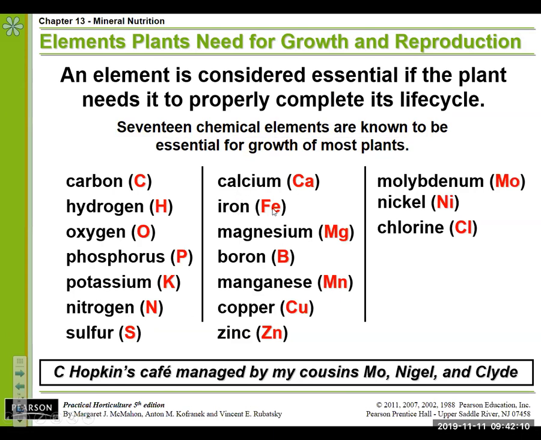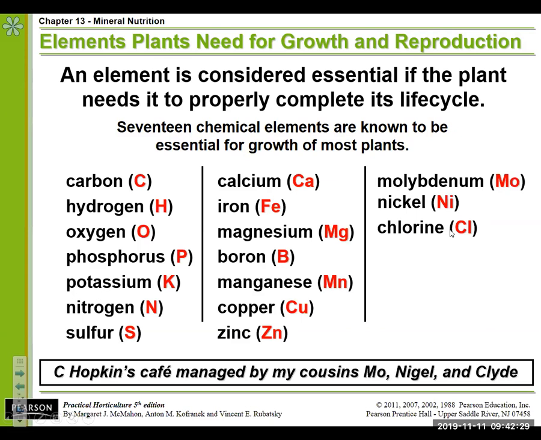Cafe: calcium and iron, CaFe, magnesium, Mg, boron, manganese, copper, zinc. And my cousins, Mo, Nigel, and Clyde: molybdenum, nickel, and chlorine.